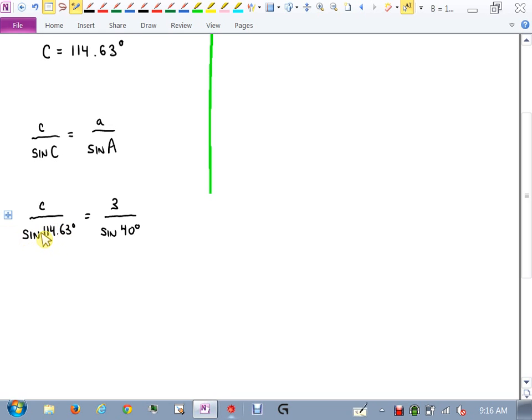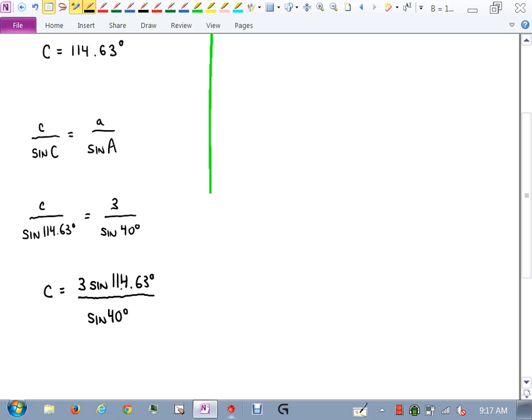So I'm actually physically going to put that right up here next to the 3. And then I'll do it all on my calculator and figure out what happens. So c is equal to 3 sine of 114.63 degrees over sine of 40 degrees.